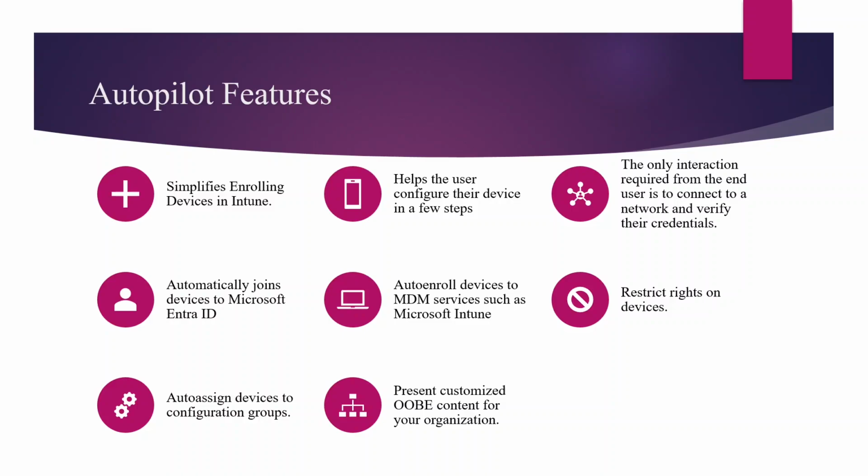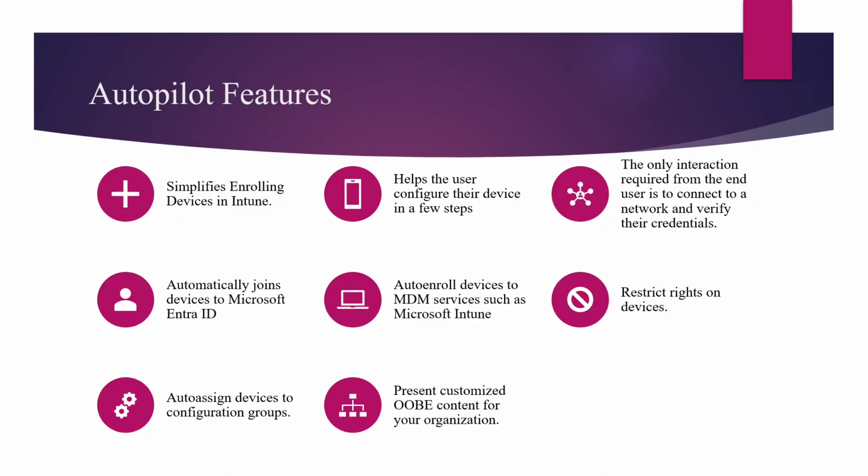Autopilot simplifies device enrollment in Intune. The policies and profiles that are configured on Intune beforehand are pulled into the device during the Autopilot setup. When the employee connects the device to the internet and signs in to his device using his work account, the device automatically pulls the Autopilot profile and starts the deployment, installation, and configuration all by itself.